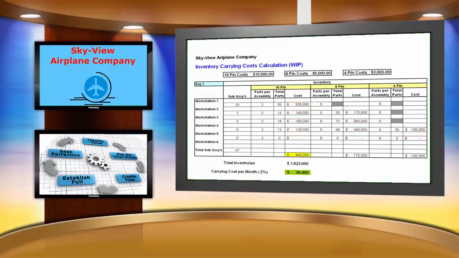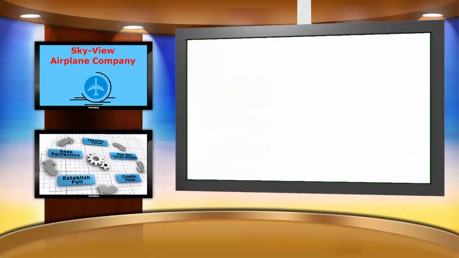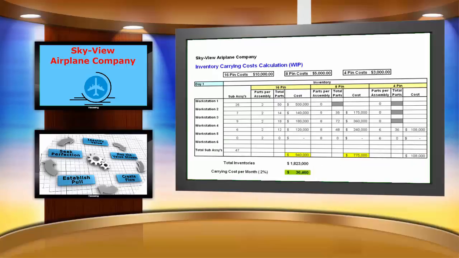Thus, the total cost for the 16-pin sub-assemblies is $940,000. For the 8-pin sub-assemblies, it is $775,000. And for the 4-pin assemblies, it is $108,000. Next, the total cost of our inventories is $1,823,000.